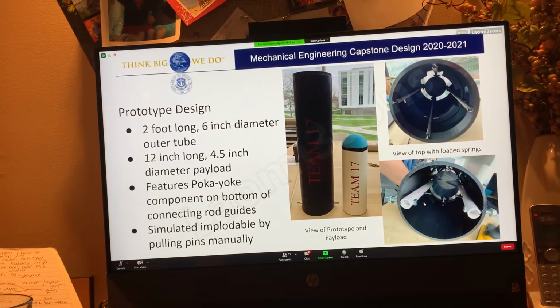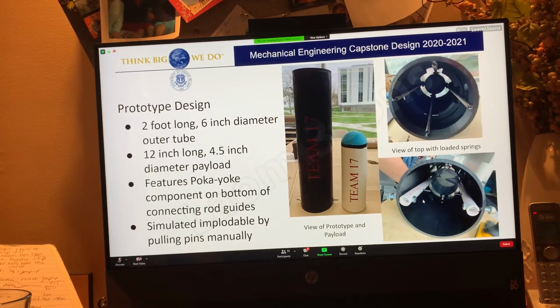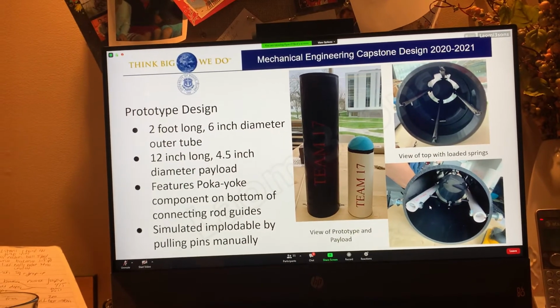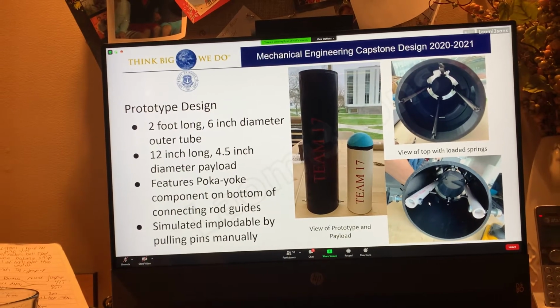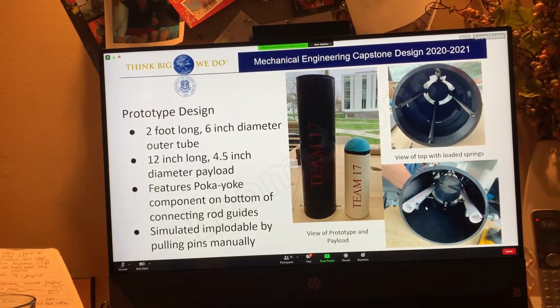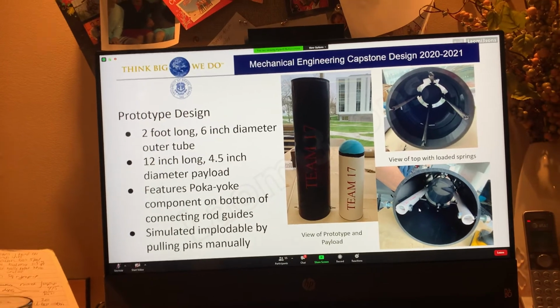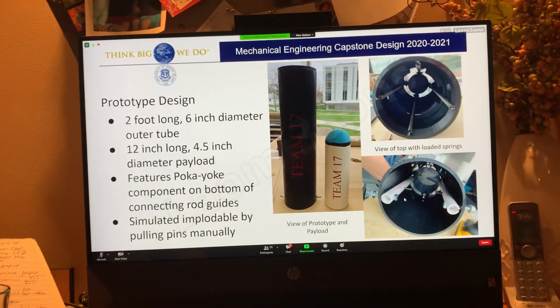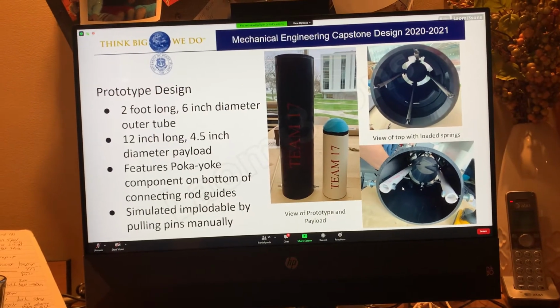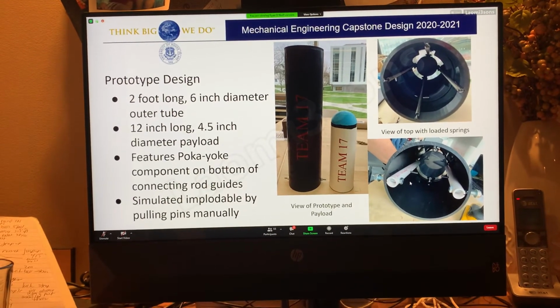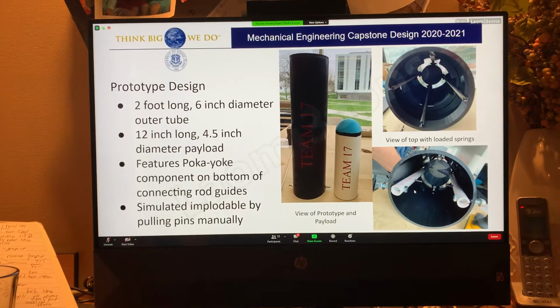We also added nuts and bolts to pass through the connecting rod guides and outer tube to secure the 2 to each other, as well as to provide a poka-yoke feature that would stop the connecting rod at the exact length where the holes for the pins would line up perfectly, allowing for easier pin insertion and preventing the risk of overextending the springs.